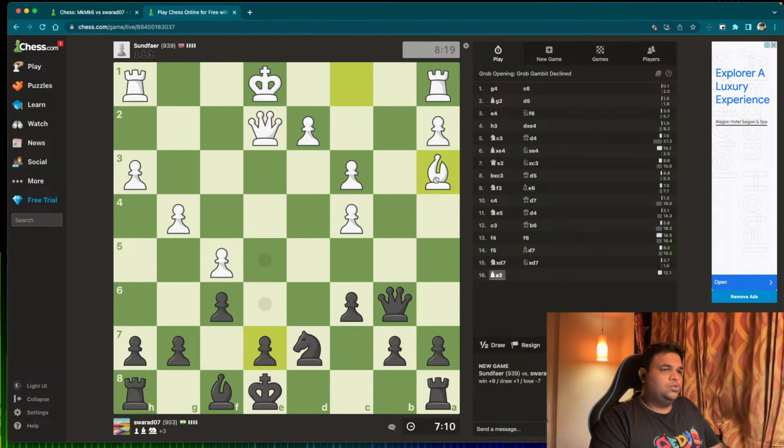Okay. He's attacking this. It's not a checkmate though, because I have this knight to protect, so not really worried about that. Yeah, let's do this.